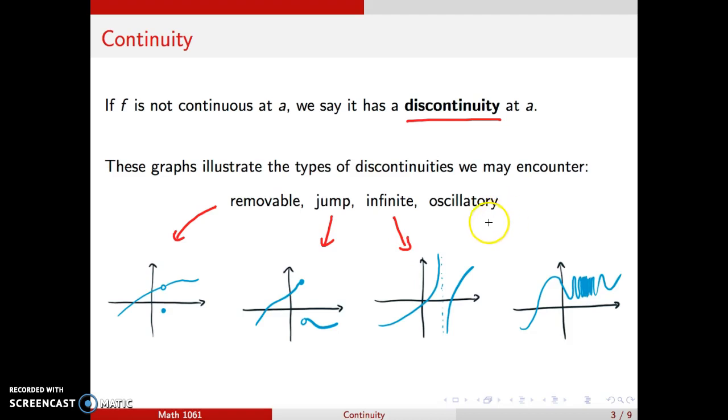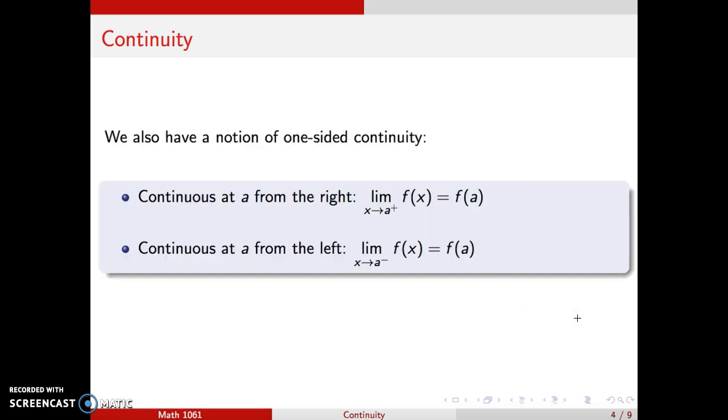And then an oscillatory, kind of a weird one. It doesn't always get brought up, but I wanted to mention it. Type of discontinuity. We saw that with some limit stuff as well. So these are kind of getting more complicated as we move across. But those are some of the types of discontinuities that we typically encounter. Honestly, we don't run into the oscillatory one too often.